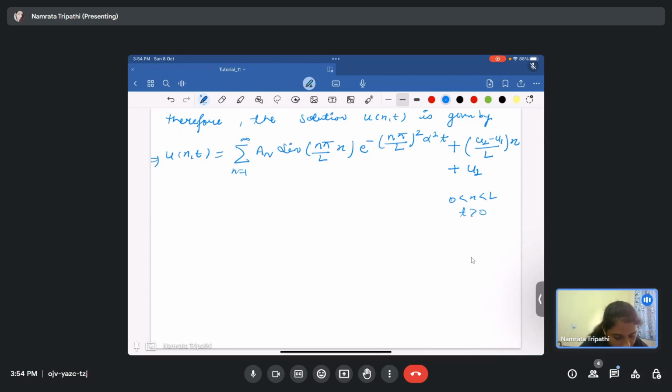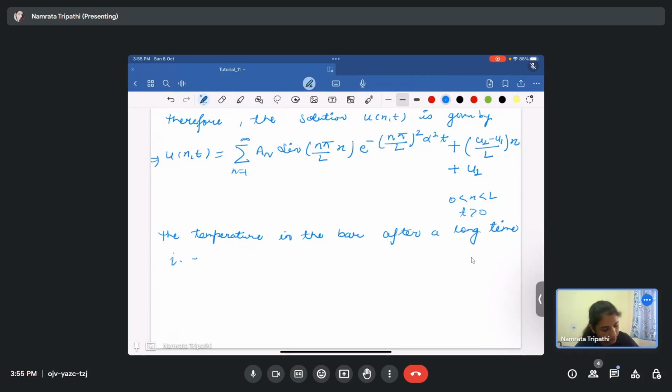The question says find the temperature in the bar after a long time. Long time means t tends to infinity.